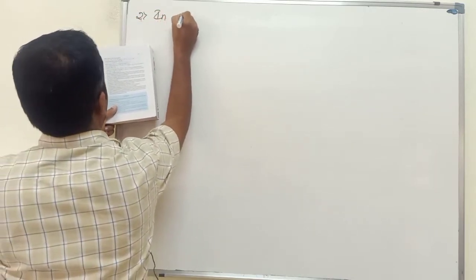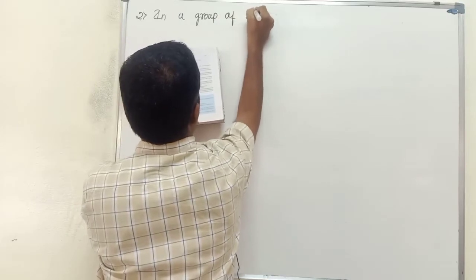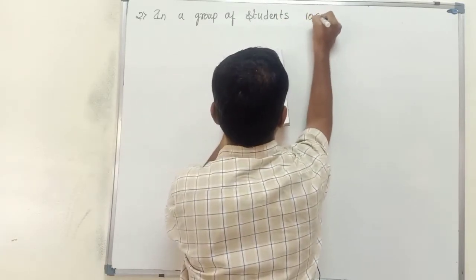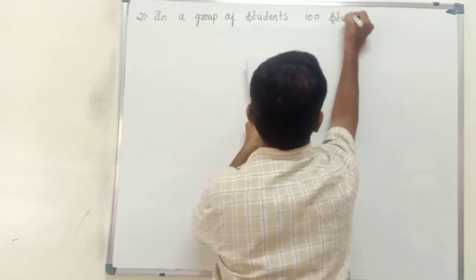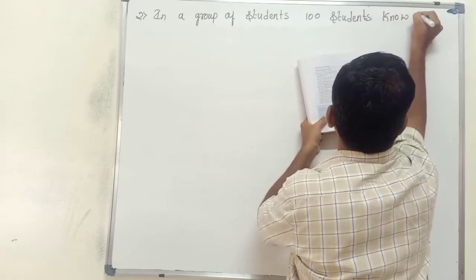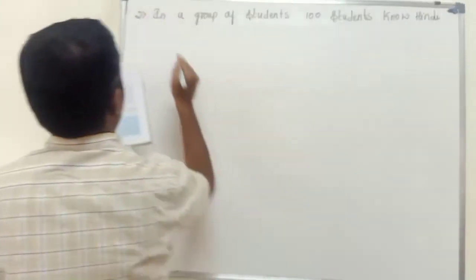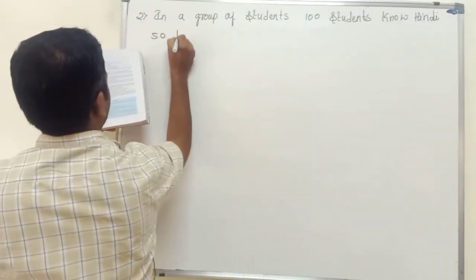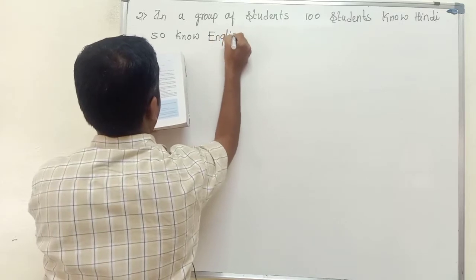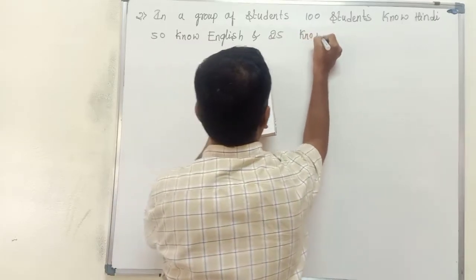In a group of students, 100 students know Hindi and 50 know English and 25 know both.